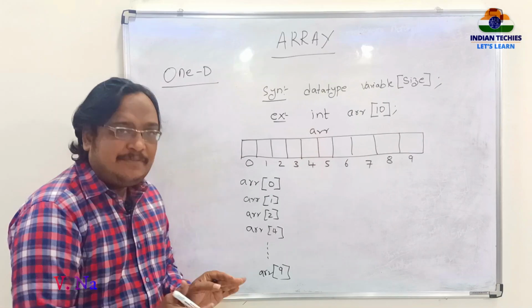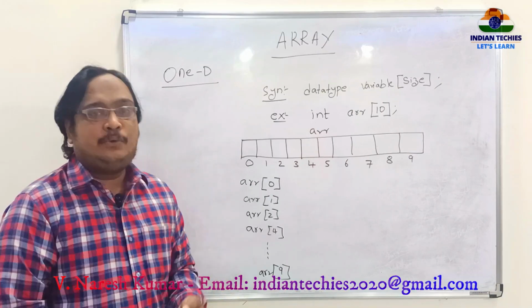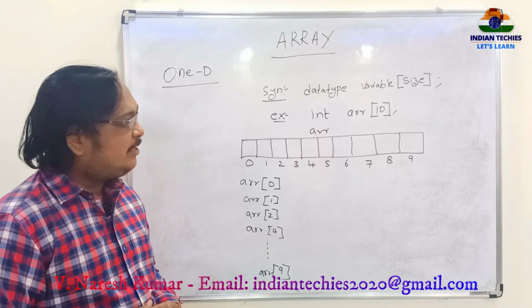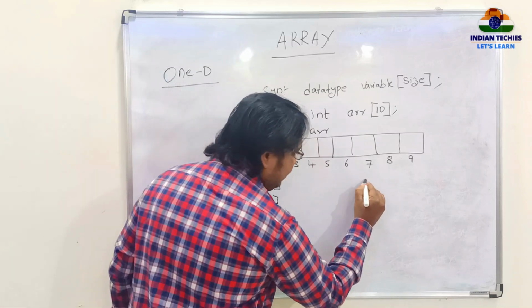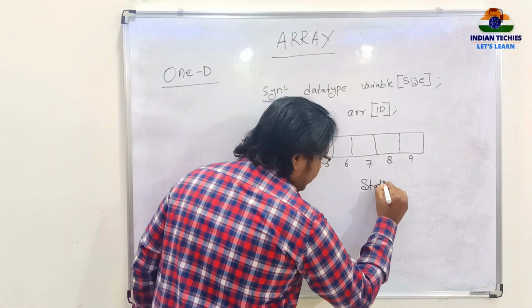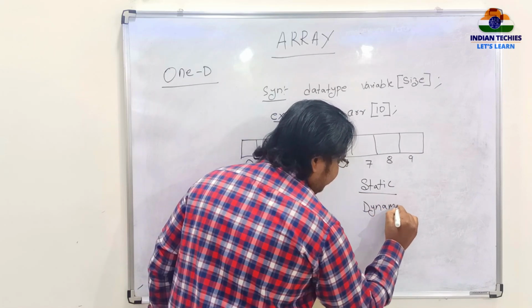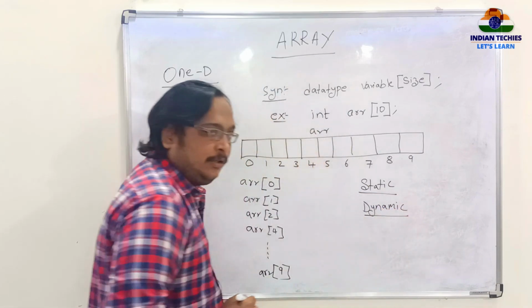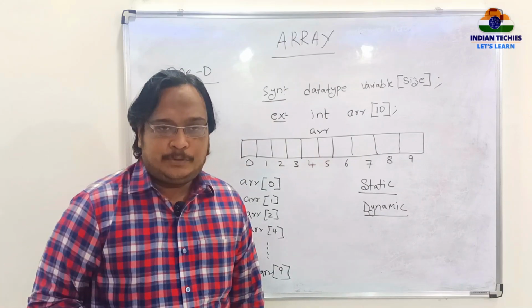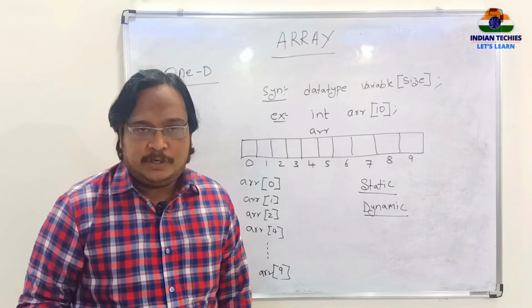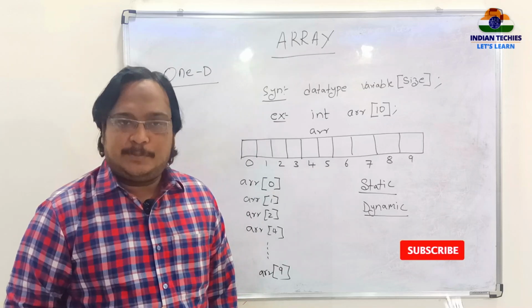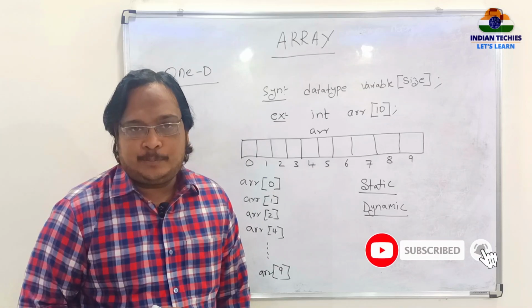Now for these 10 variables, if you want to give input, there are two ways: one is static input, and another is dynamic input. What do we mean by static input? If you assign the values directly in the program at the time of writing the program, that is called static input.